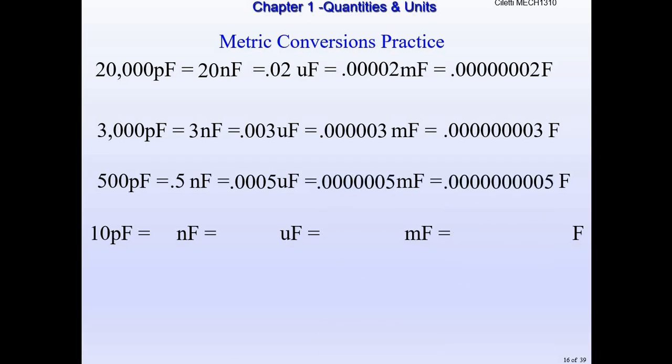Each time, what are we doing? We're adding 3 more zeros because we're moving it in chunks of 3. So 10 picofarads is 0.01 nanofarads, 0.00001 microfarads. You get lost in the zeros, especially on this last one. There's a whole plethora of zeros there. It's much easier for us to say this is 10 picofarads.